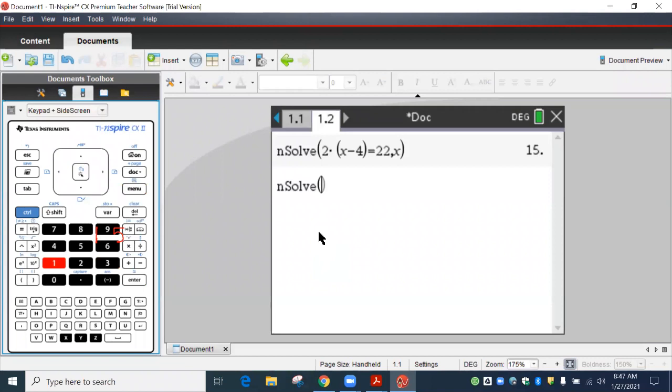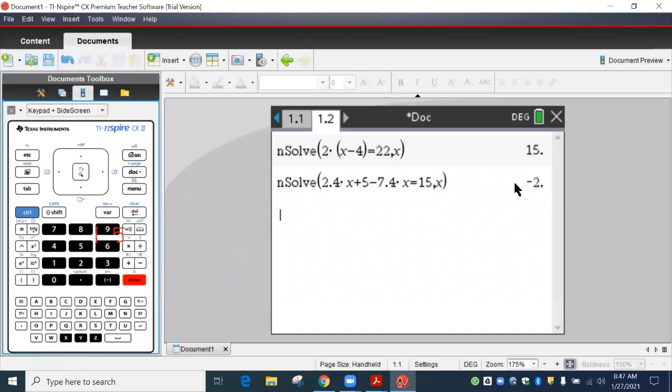We are typing in 2.4, so right here's your decimal, by the way, 2.4x plus 5 minus 7.4x equals 15. And then at the end of that, we're going to put comma x and hit enter.